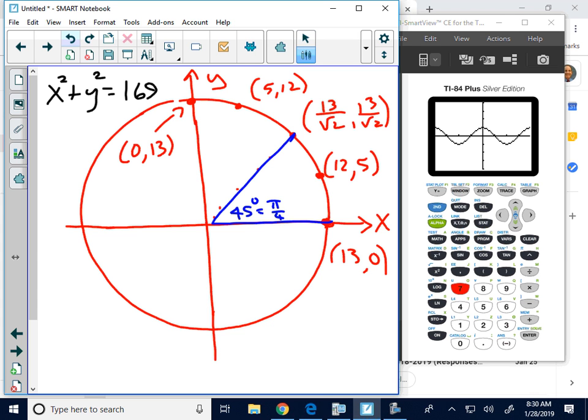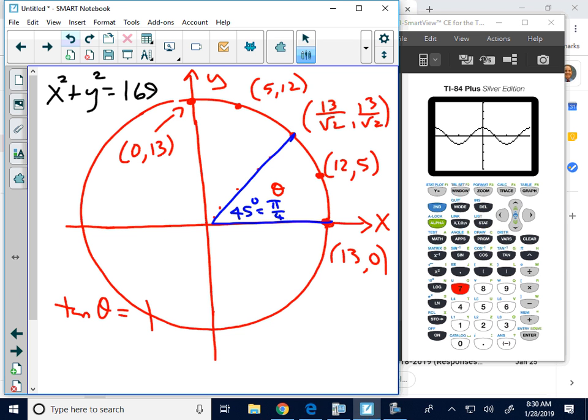And if I said, what is the tangent? I mean, we're focusing on tangents now. Tangent of that angle theta, what would you say? 13 over root 2 divided by 13 over root 2, which is? 1, sure. The tangent of 45 degrees is 1. You should know that, right?